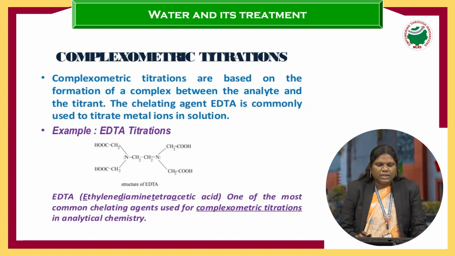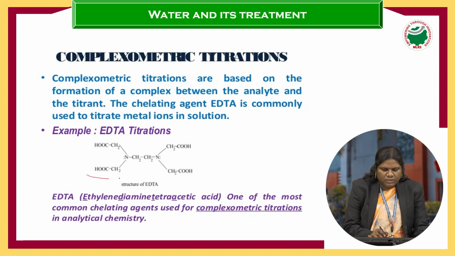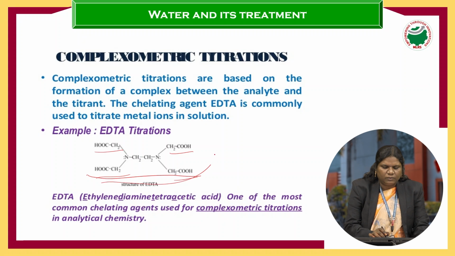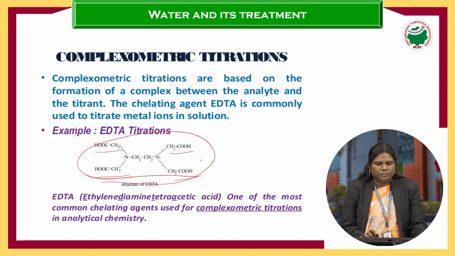First, what is meant by EDTA? EDTA means ethylene diamine tetraacetic acid. The structure is shown here. Ethylene, 2 carbons; diamine, 2 nitrogens; tetraacetic acid, 4 acetic acid groups. This is the structure of the EDTA.